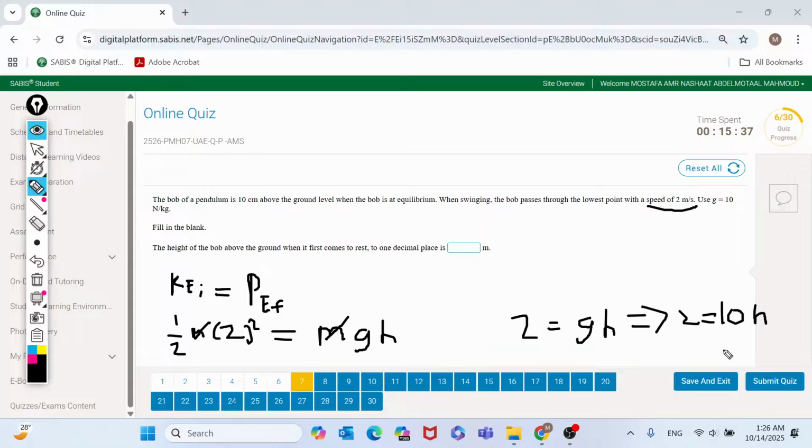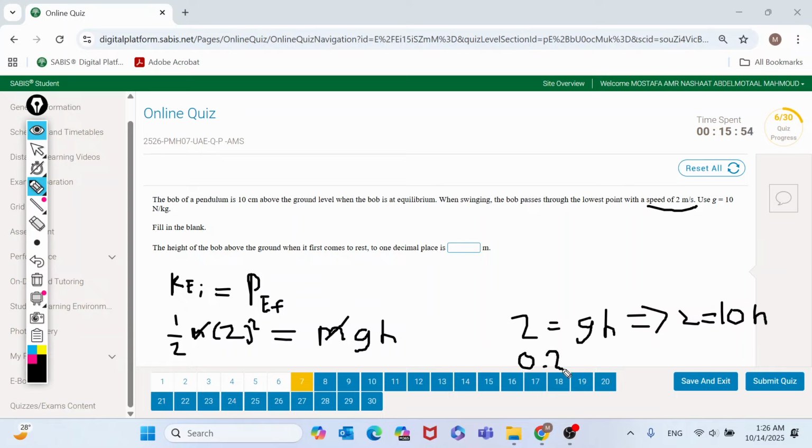Put this on your calculator, give me 2 seconds. To find h, 2 equals 10x, shift, solve. You get h is 0.2.